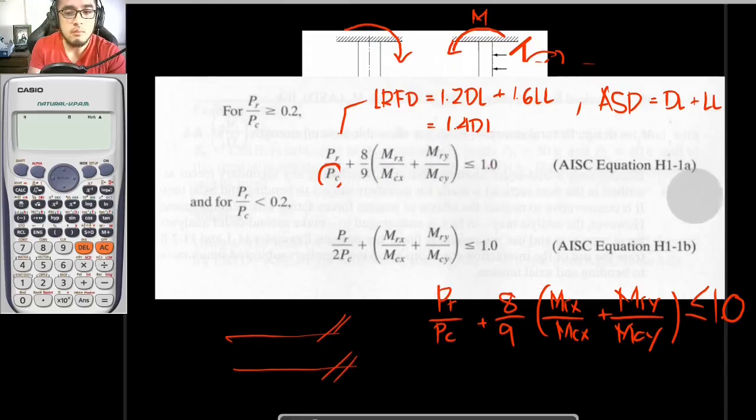If your member doesn't have a moment about the y-axis, just cross this out and solve for this. But if your member does not have a moment about the x-axis and it does have a moment about the y-axis, just cross this out and solve for this. And it is as simple as that. So let's just have an example problem here.